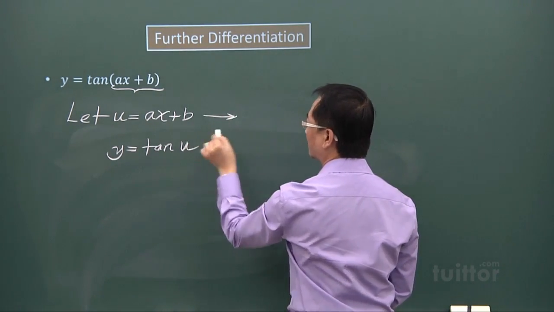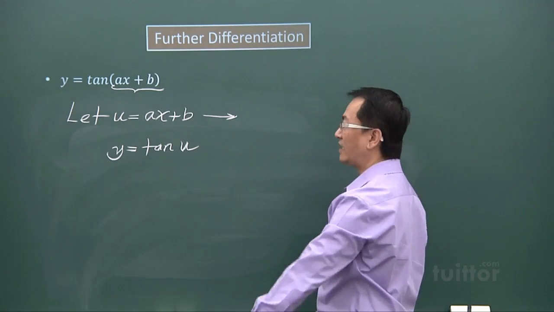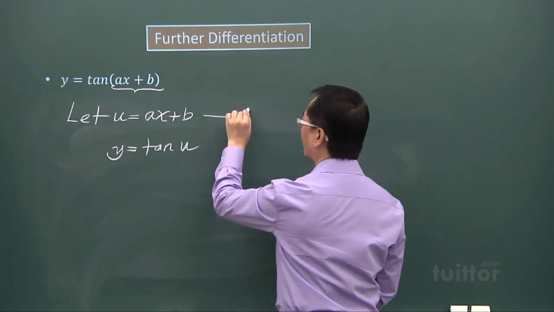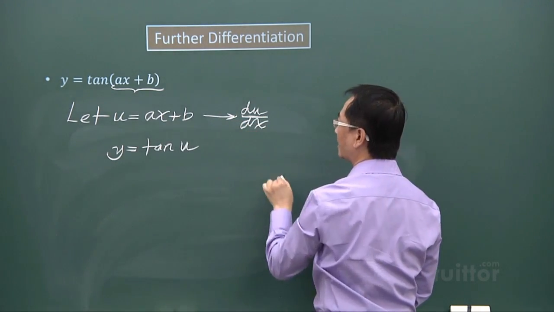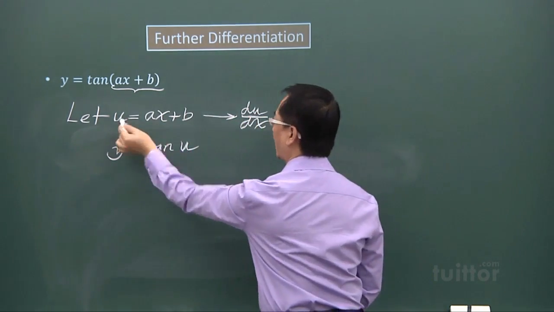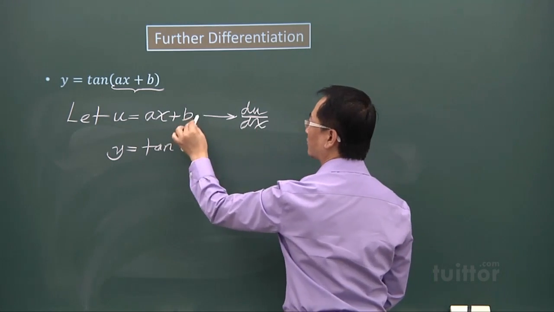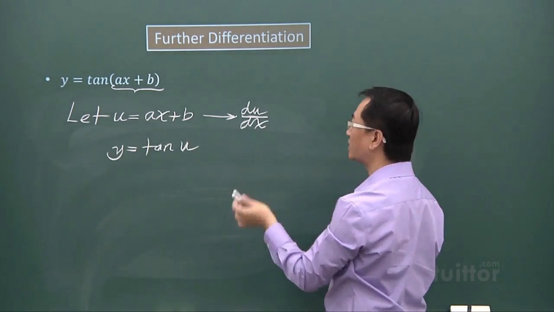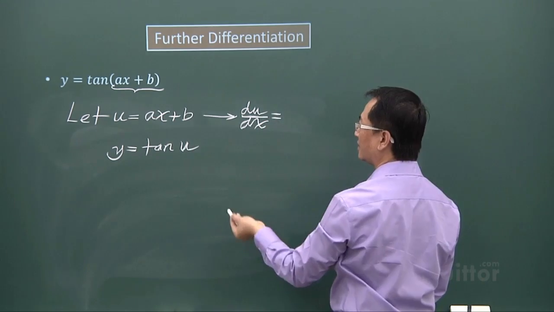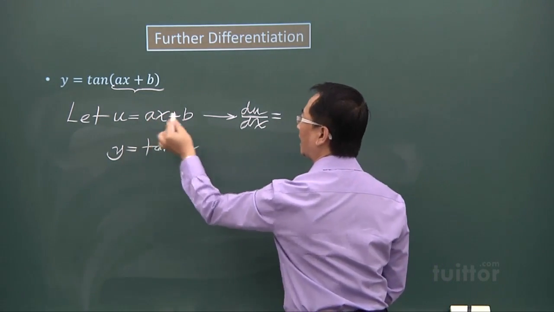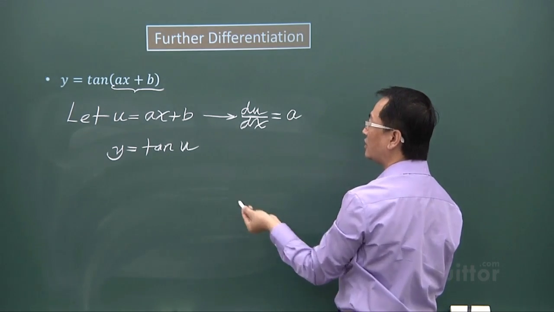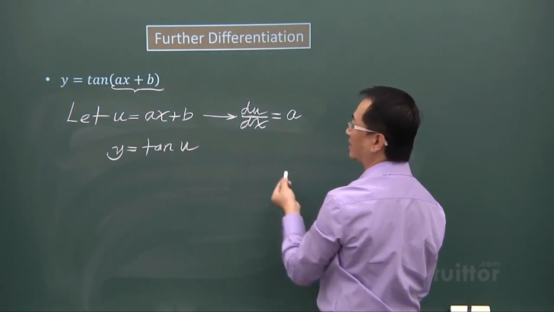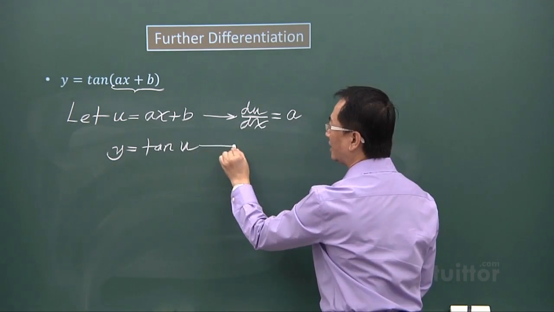This equation, if I differentiate, I will have du over dx, because the expression is in terms of x. Differentiate the x terms, you get the coefficient. Differentiate the constant, you get a 0.